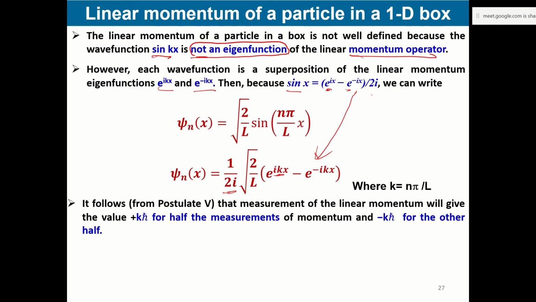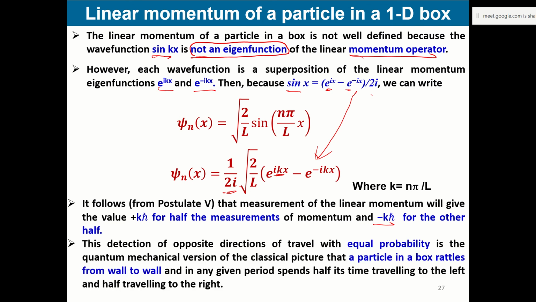So both possibilities are there with equal probability: one time you will get plus k h cross and another time you might get minus k h cross. If you do a large set of measurements, both can happen.